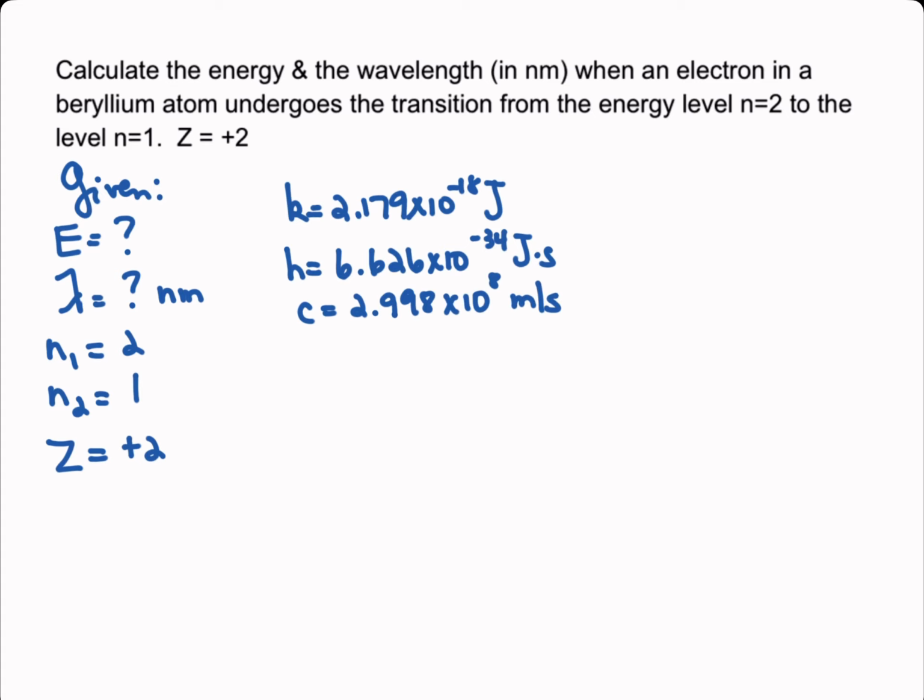Z equals +2. And let's go ahead and record our constants. We have two questions, energy and wavelength. Let's just take this one equation at a time. Let's go ahead and solve for energy first.